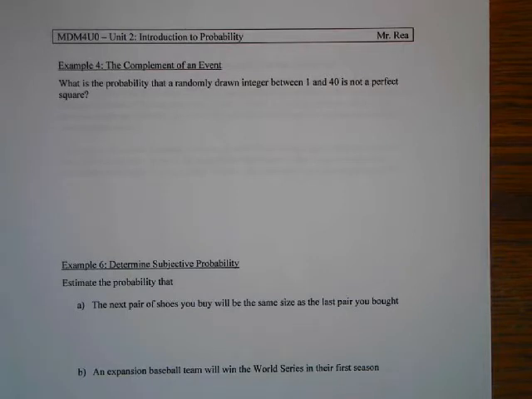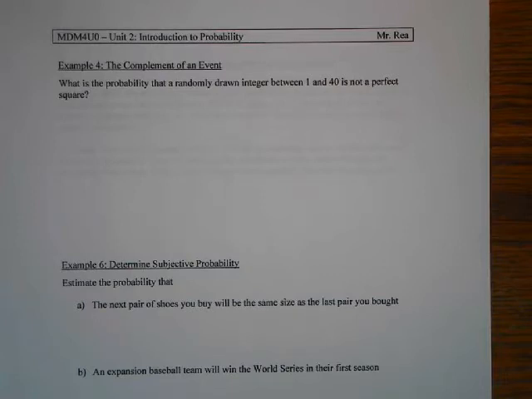Sometimes it was easier to count how many things you don't want and subtract that from the total. It's the same thing with probabilities. You might be asked to find the probability of something complicated happening, and it might actually be easier to find the probability of that thing not happening.